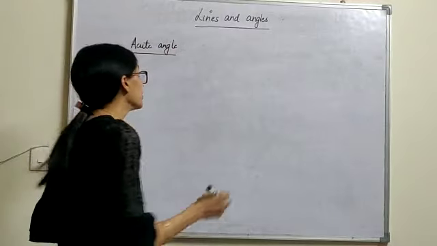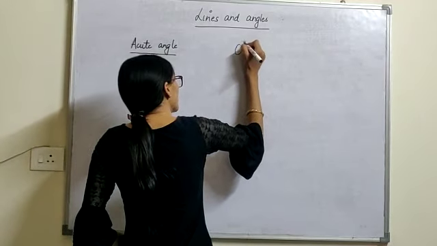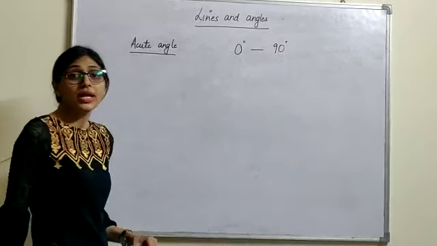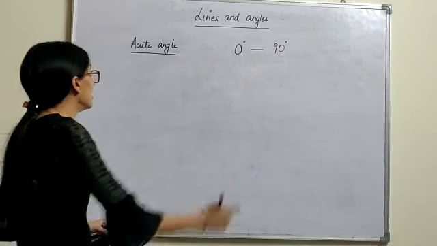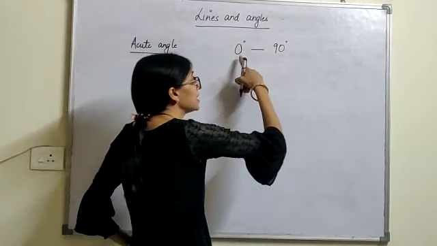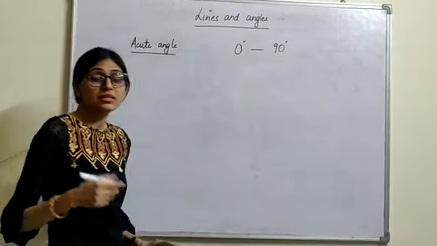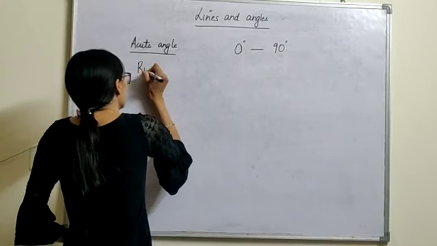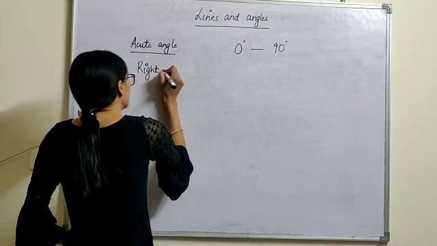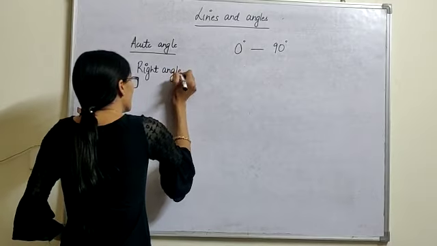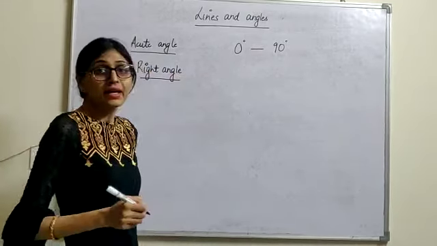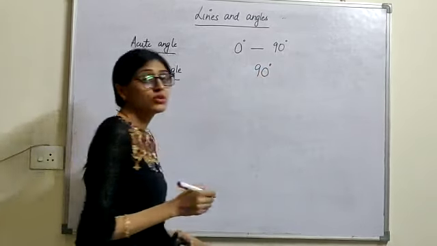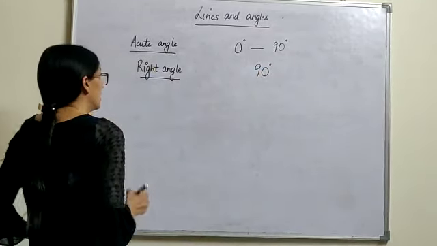Any angle which lies between 0 degree to 90 degree is known as an acute angle. Next is right angle. An angle which is of 90 degree is known as a right angle.